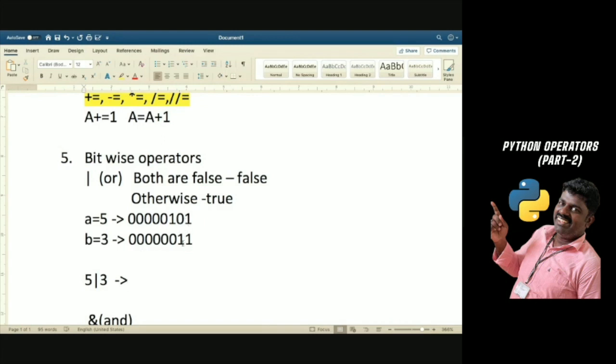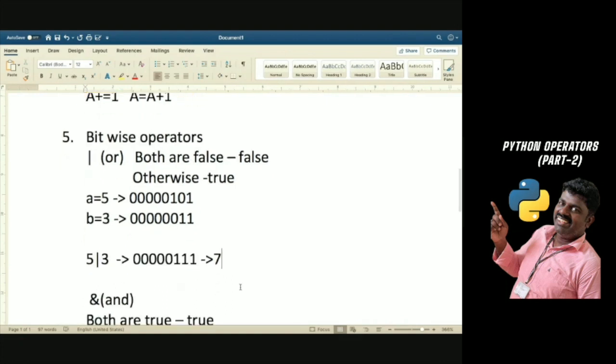Even if one bit is true, the result is true. So we get 0 for the leading zeros and 1 for the remaining bits where at least one is true. The resultant binary value is 0111, and the corresponding decimal value is 7.